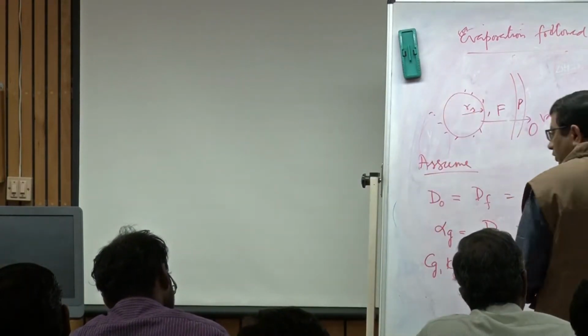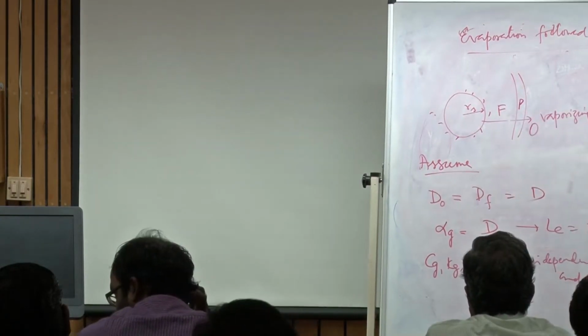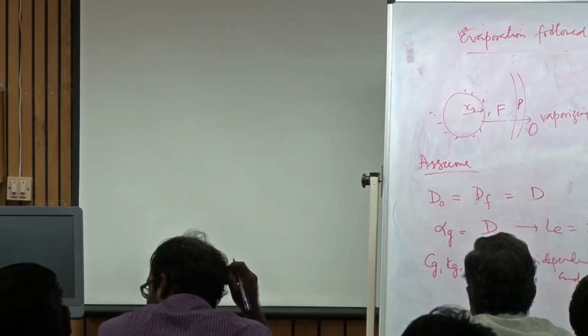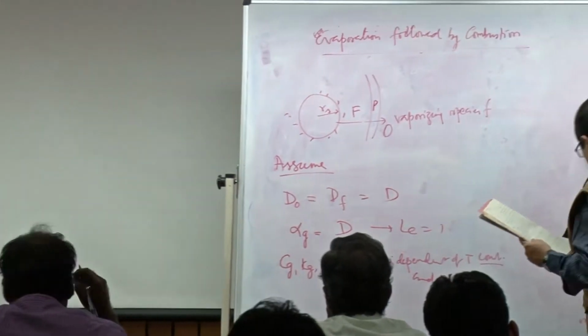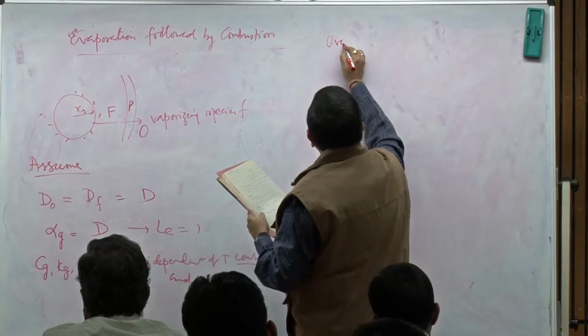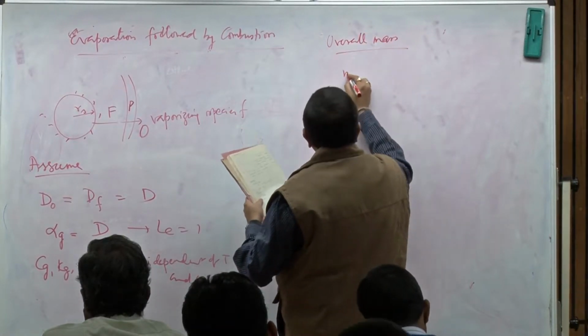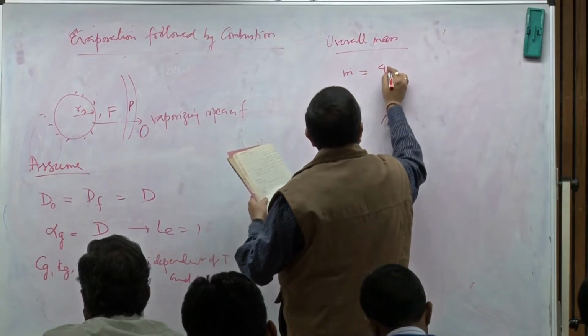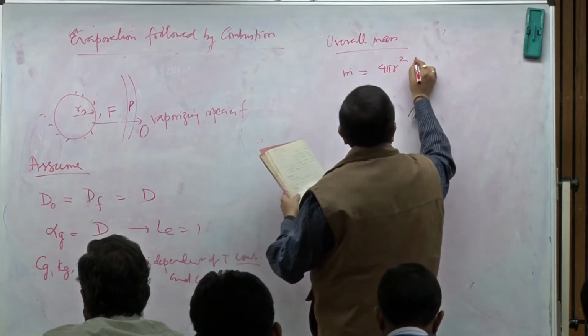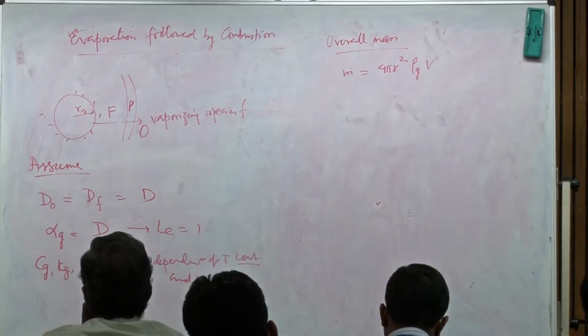With this, let us go back to the conservation equations and solve them. First is overall mass conservation. This says m dot equal to rho g, where g stands for the gas phase.